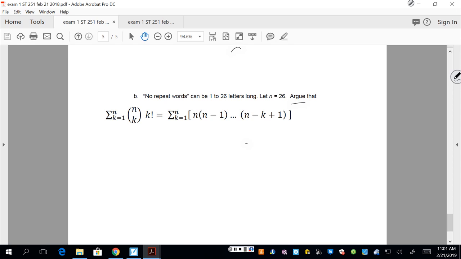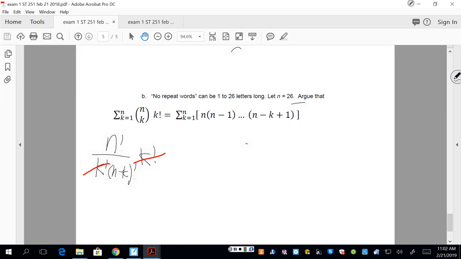So this thing is n factorial over k factorial times n minus k factorial. That's one definition of that thing. You have your k factorial here, so the k factorials can cancel. But what's n factorial over that one?